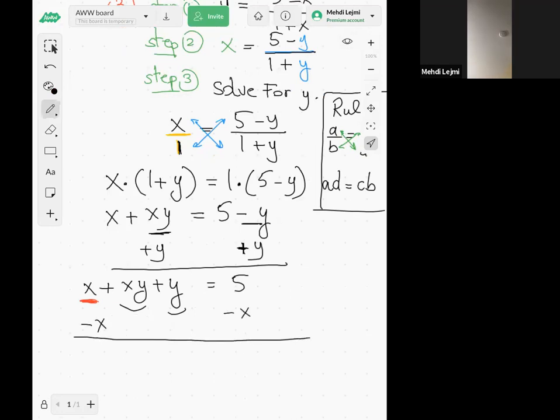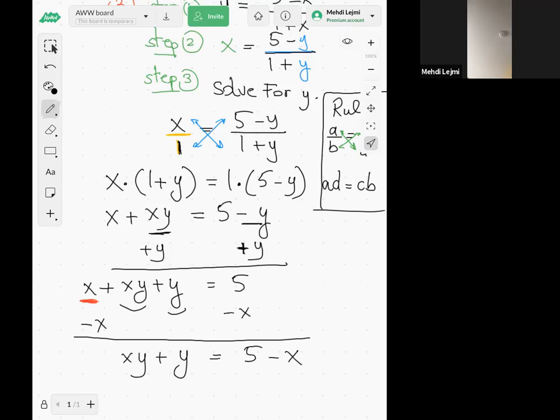Okay, so now it looks like xy plus y equals 5 minus x. So you see, guys, now I'm happy because now I have all the y's on the left side, and everything else which does not involve y is on the right side.